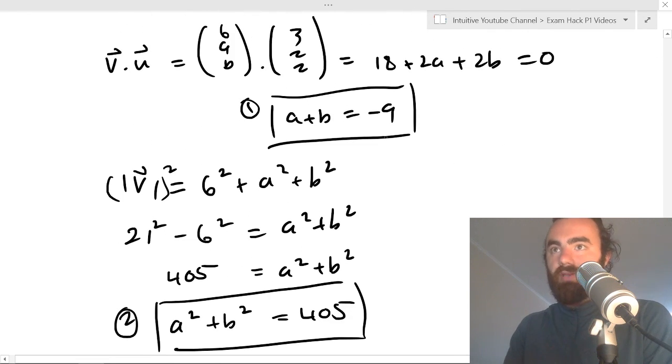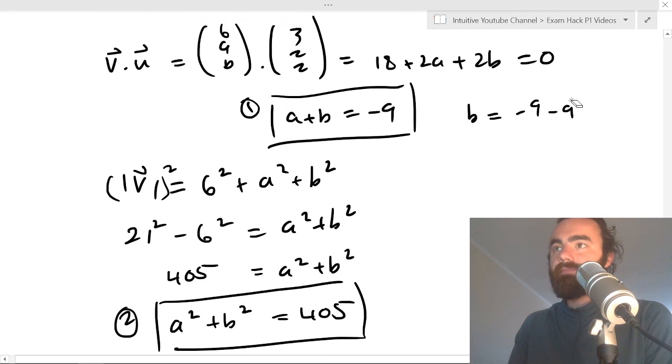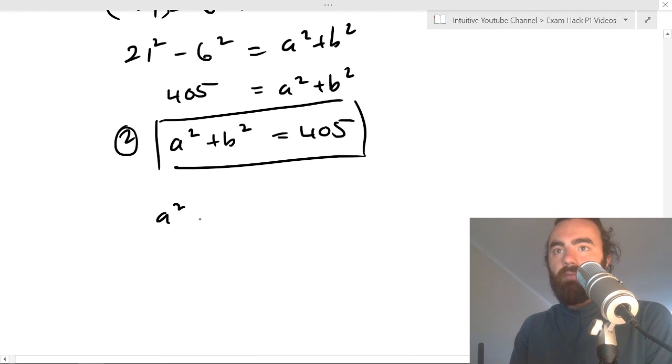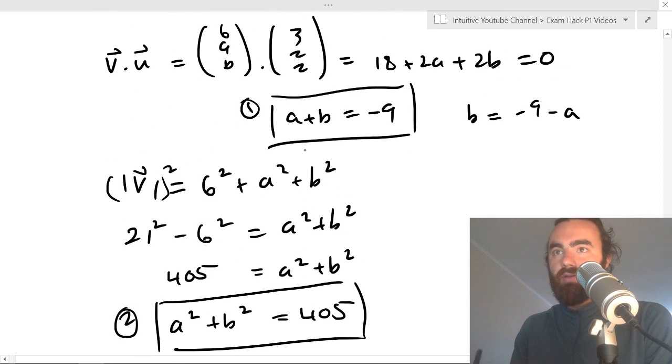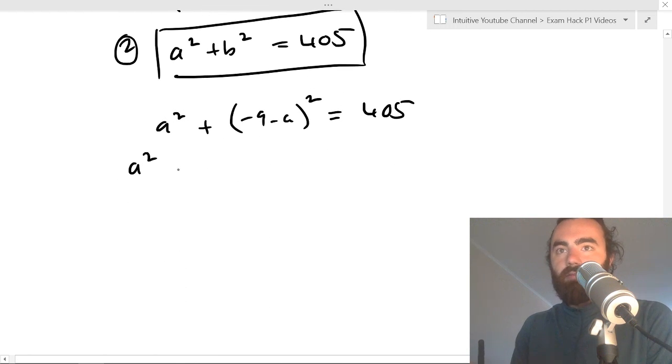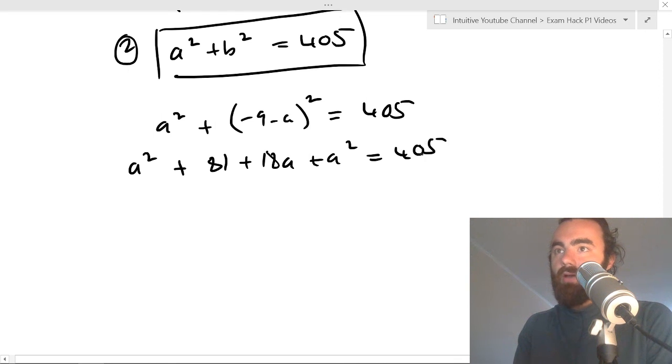So now we can say that b from our first equation equals minus 9 minus a. So in our a squared plus b squared, we can just substitute this b, minus 9 minus a, to find our a. So a squared plus 81 plus 18a plus a squared equals 405.